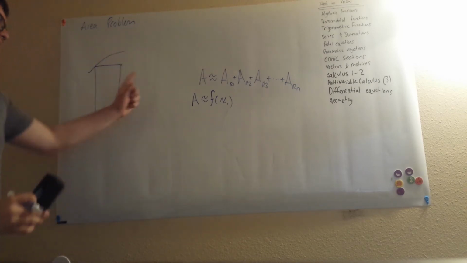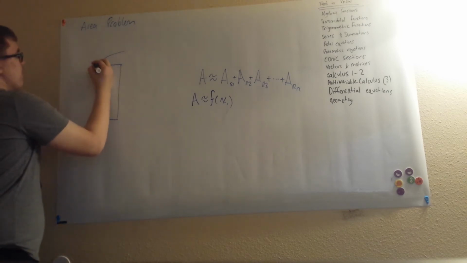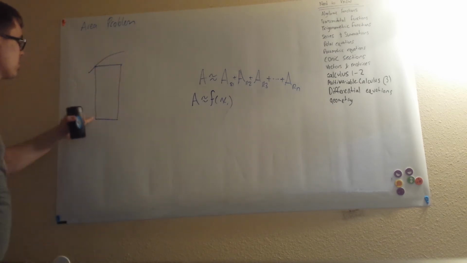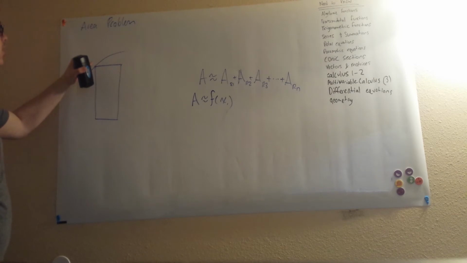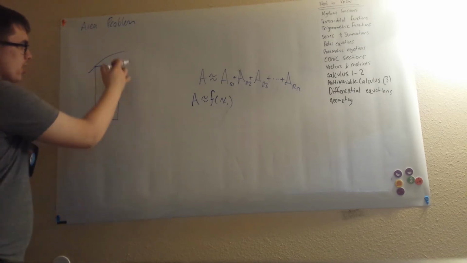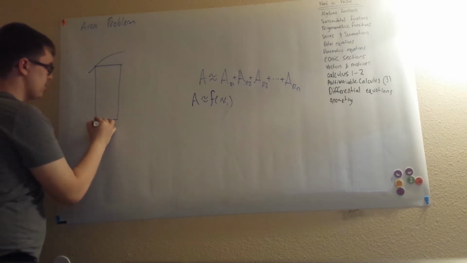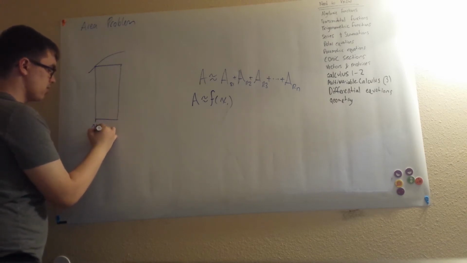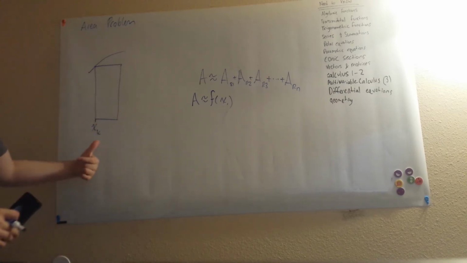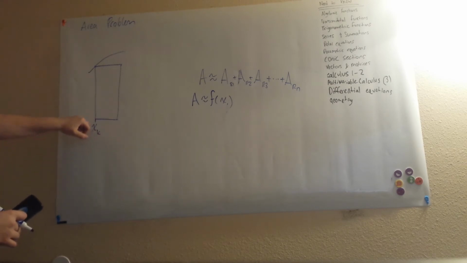Well, I'm always doing it at the left side, right? I'm reaching up to the function on the left side. The right side isn't reaching the function, right? So this is the one I'm using: the x position of whatever rectangle k you're using.